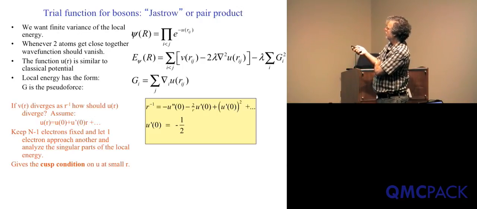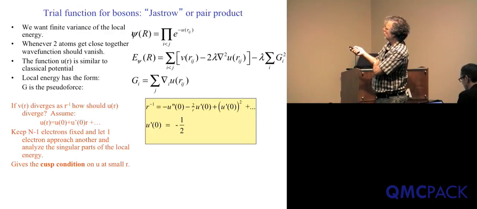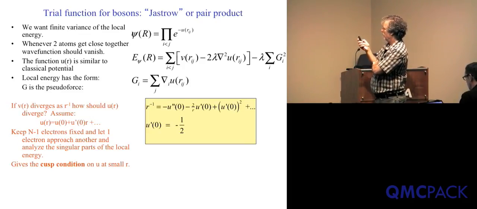The argument is you want your local energy to be constant, so you want the singularity here to be matched with this singularity here. This is the most divergent piece. And that gives you this cusp condition, namely the derivative of u at the origin is minus 1/2. That's the famous Kato cusp condition, and this is the argument why it's true.